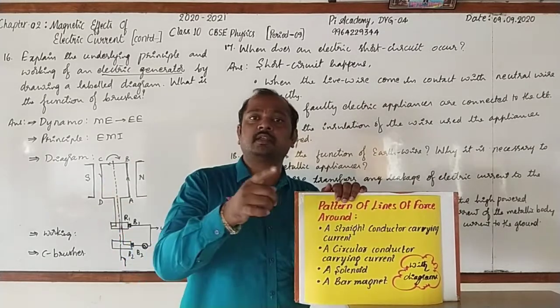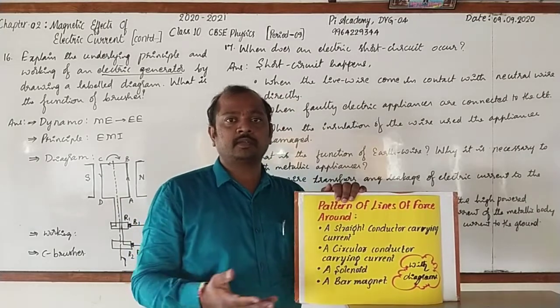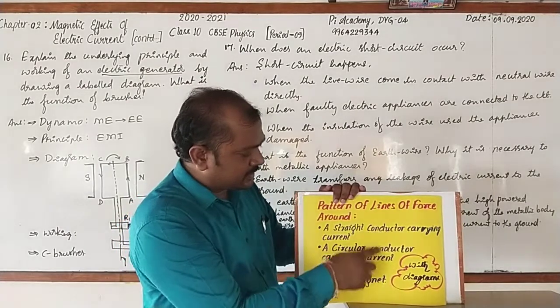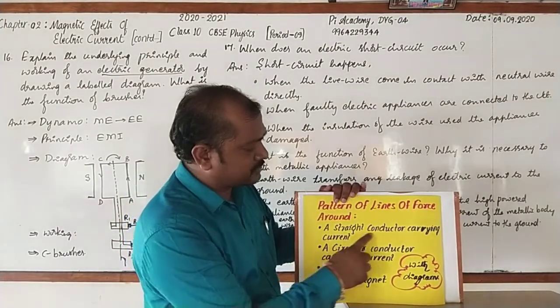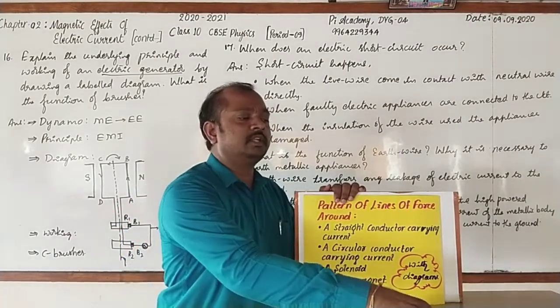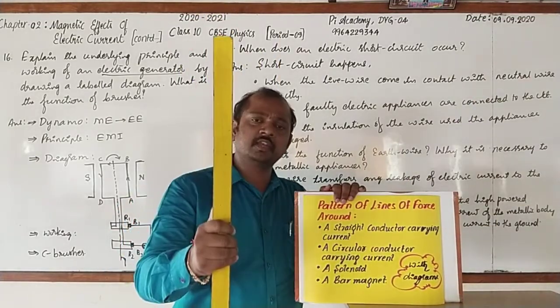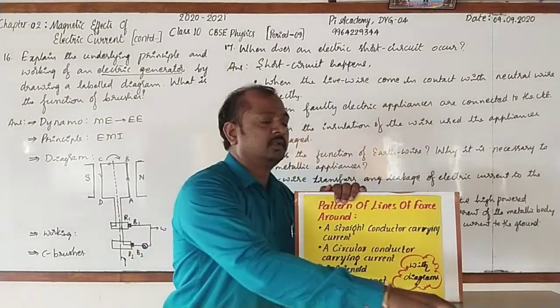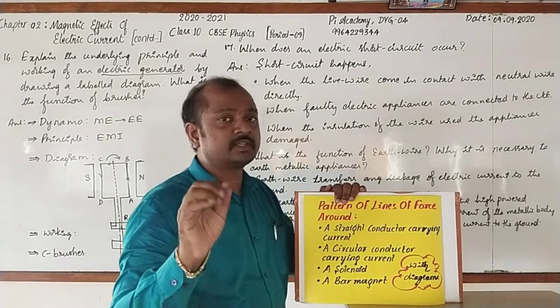As a conductor carrying current acts as a magnet, we can show the pattern as well. These are some possibilities. The first one is a straight conductor carrying current. What will be the pattern? If the current is flowing in a straight conductor, then the lines of force around it will be concentric circles.